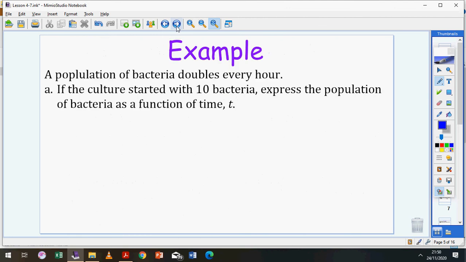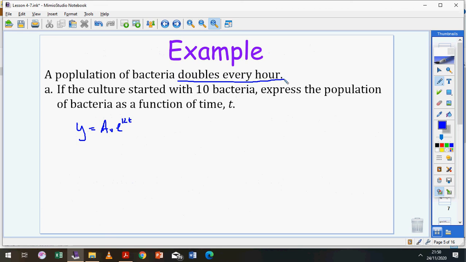If a population of bacteria doubles every hour and the culture started with 10 bacteria, express the population of the bacteria as a function of time. So we know that y is equal to A0 e to the power kt, right? When you look at this question, we've been given some information.